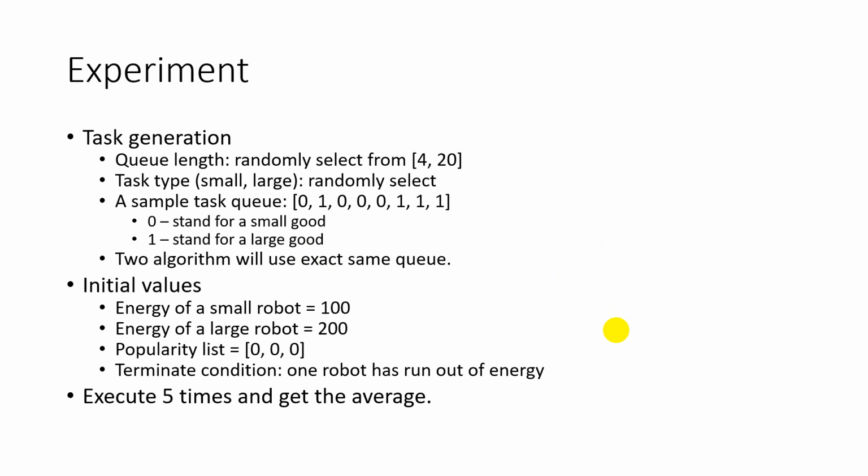The task generation is another part of my implementation. Here I randomly select the length of the queue from 4 to 20, and the task type, small or large, is also randomly selected. Here's an example of a task queue. The 0 stands for a small good and the 1 stands for a large good.